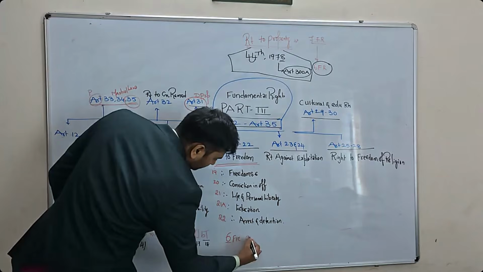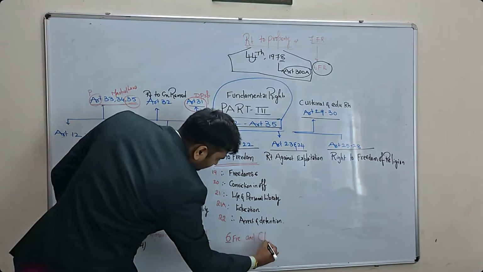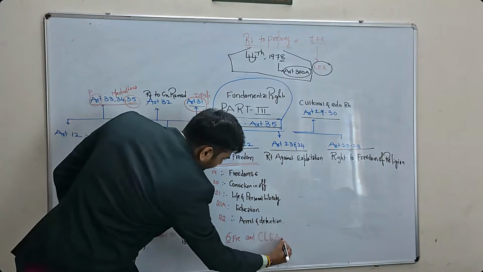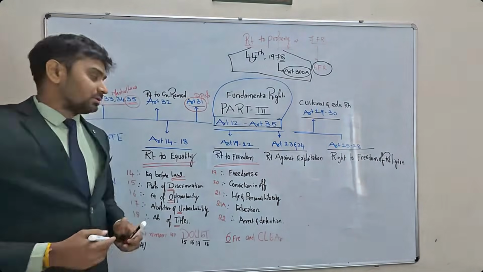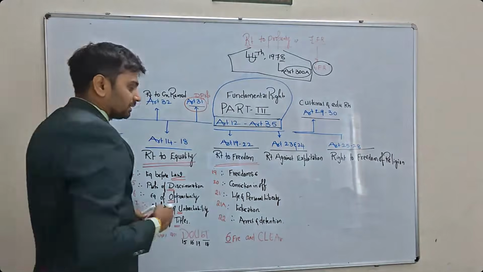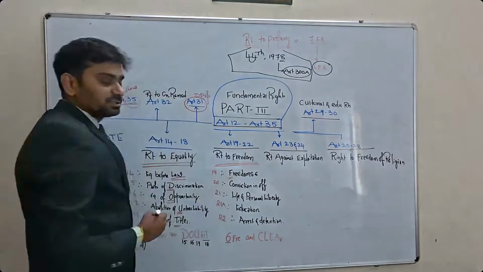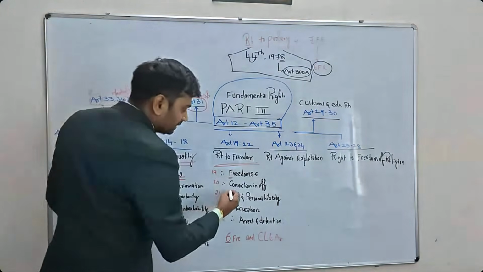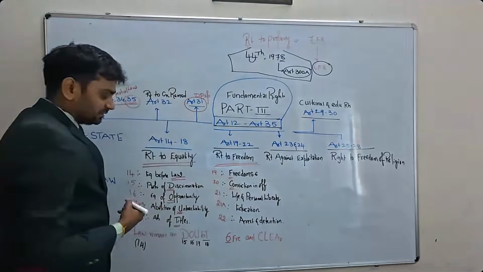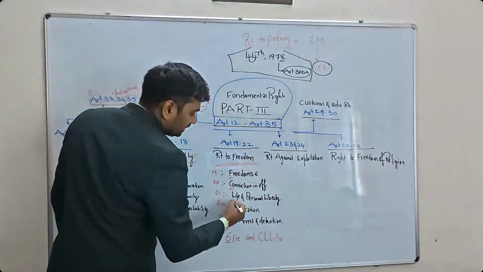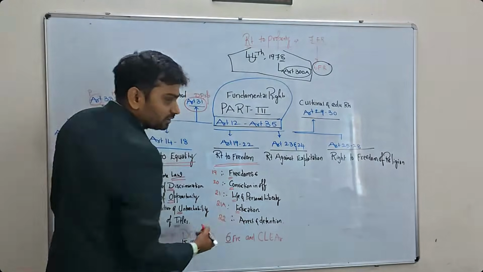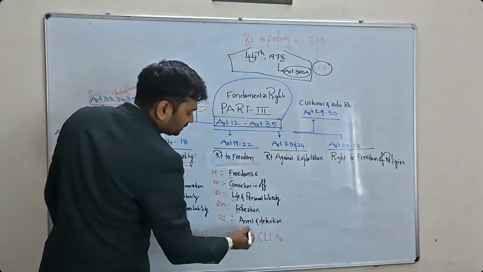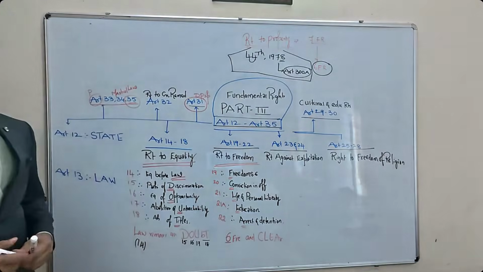The code here is CLEAR. Article 19 speaks about 6 freedoms. C: conviction in certain offences. L: life and personal liberty. E: education. AR: right against arrest and detention.